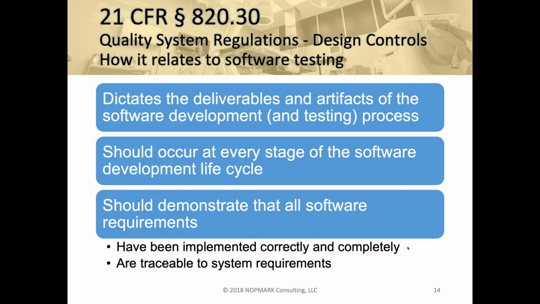So during software development, we may be writing our test cases, we may have our test cases reviewed. So evidence of that review that happens during development is documented and stored within that design history file. So part of the deliverables for the software tester, it's confirmation that all software requirements have been correctly implemented.